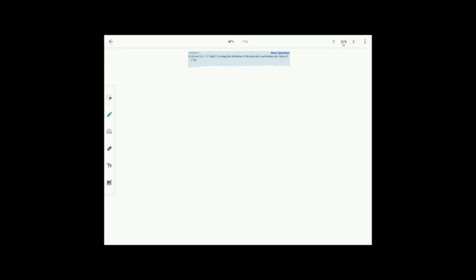You guys can do activity 1 number 1. I'll give you a few seconds to solve and then we'll check together. Okay, let's check it together quickly. f prime of x using the formula is equal to the limit as h tends to 0 of f of x plus h minus f of x over h.